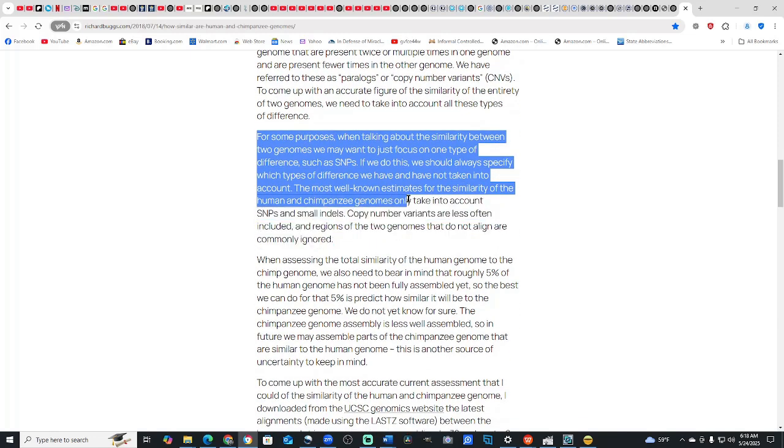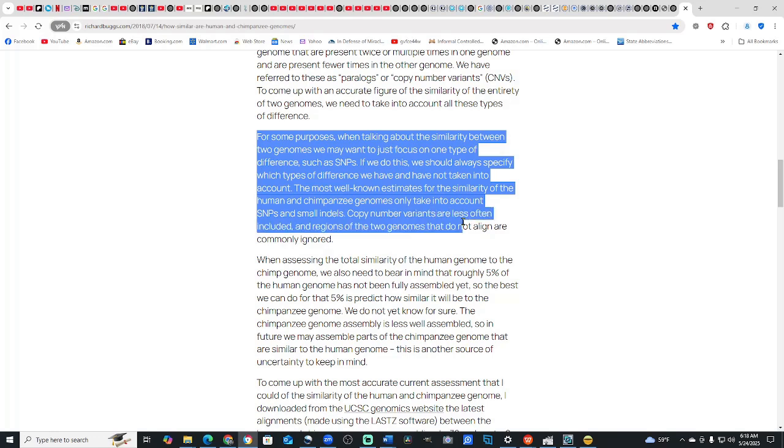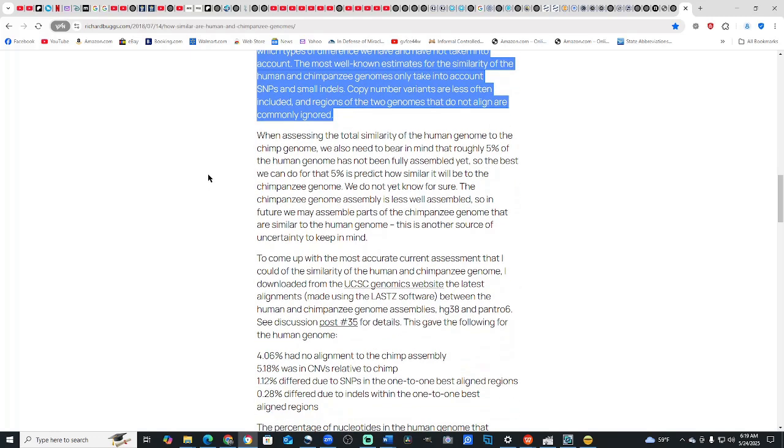The most well-known estimates for the similarity of the human and chimpanzee genomes only take into account SNPs and small indels. Copy number variants are less included, and regions of the two genomes that do not align are commonly ignored. Everything Richard Buggs is saying here is correct.